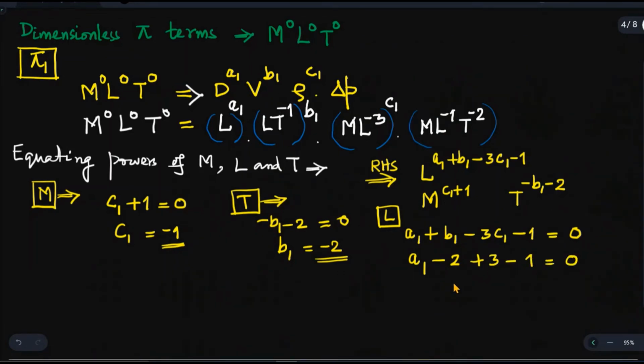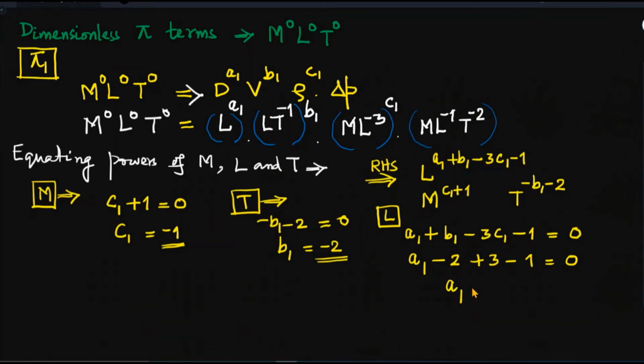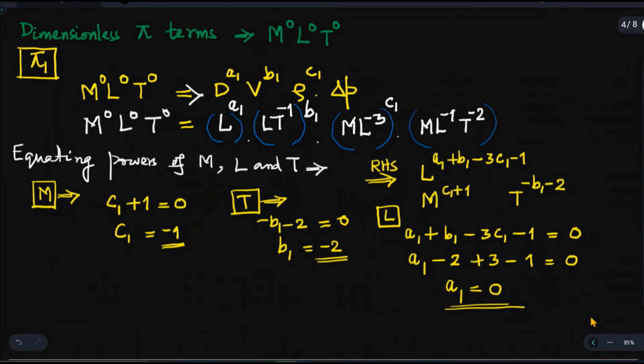And what you get is a1 plus 3 minus 2 minus 1, so ultimately a1 will be 0. So a1 is 0.